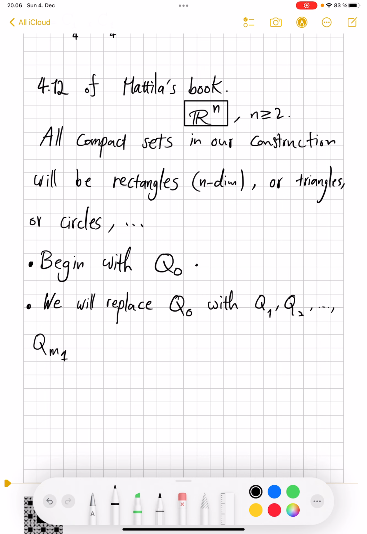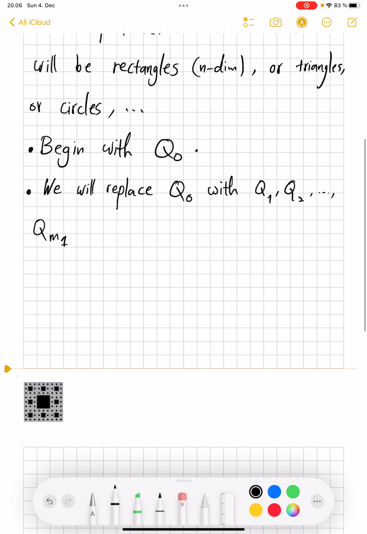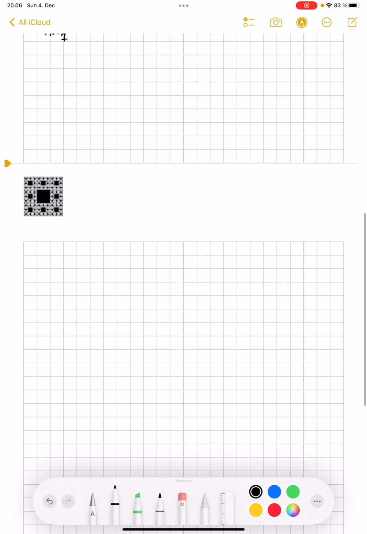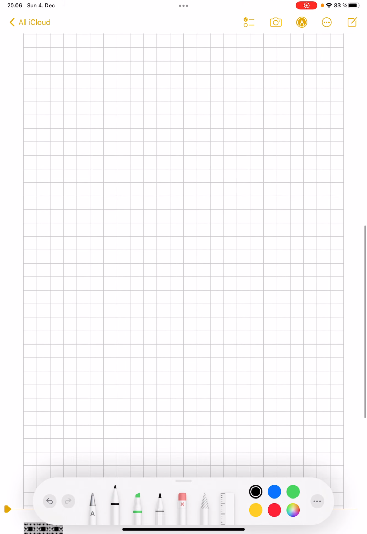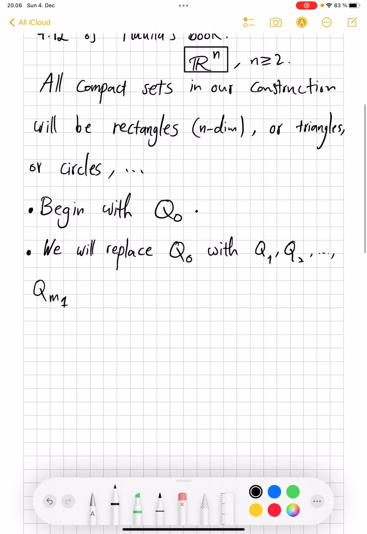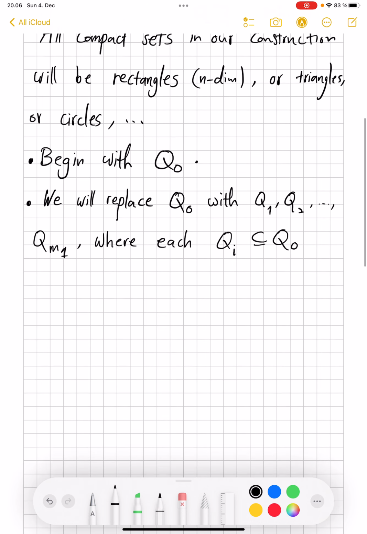So there will be M1 babies of Q0, where each Qi is a subset of Q0.